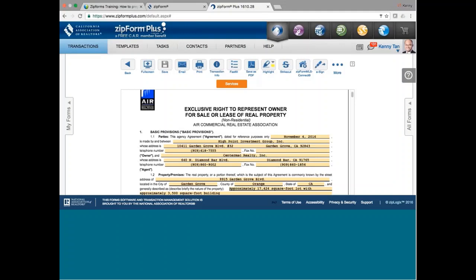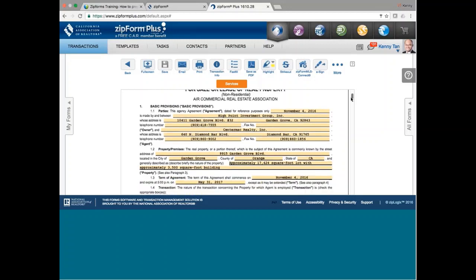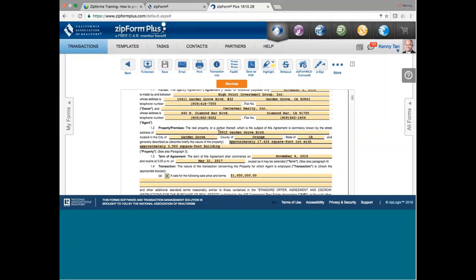And this is just the client's address, so I fill out the client's address and telephone number, and Centermac's address and phone number. And here's a description of the property, 9915 Garden Grove Boulevard, Garden Grove. And on the description, you always put down approximately how many square feet for commercial.